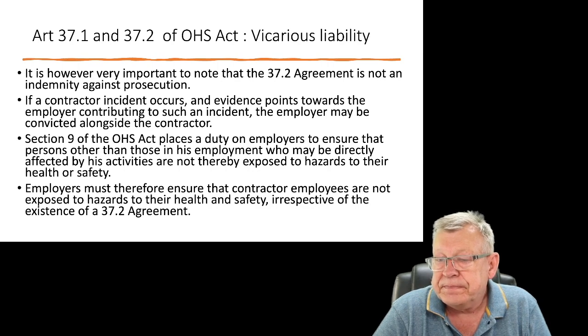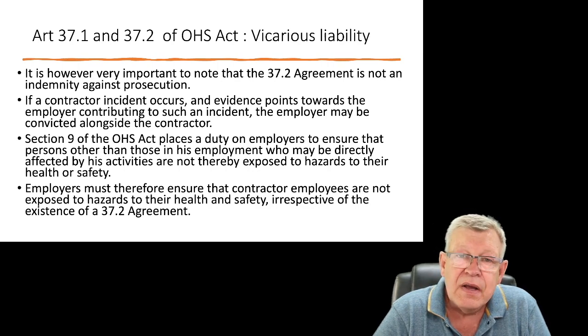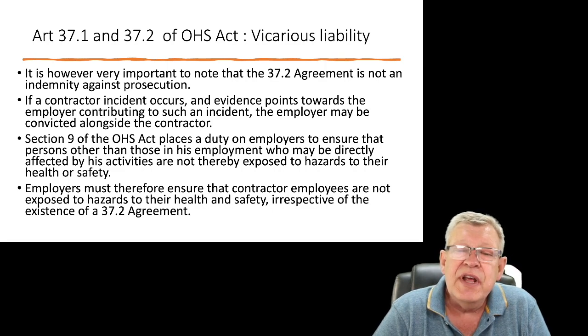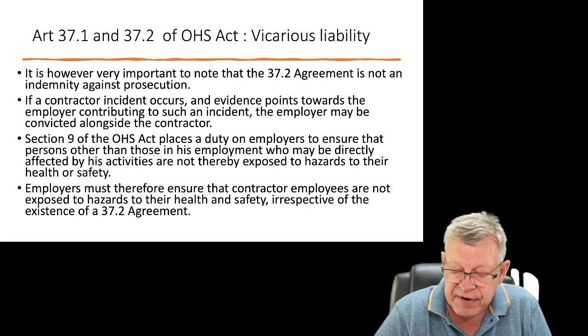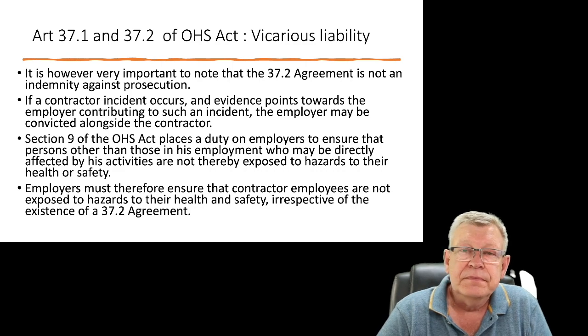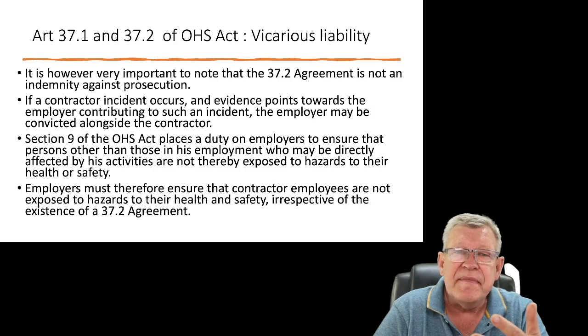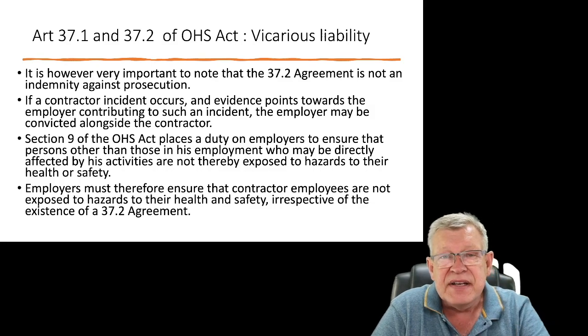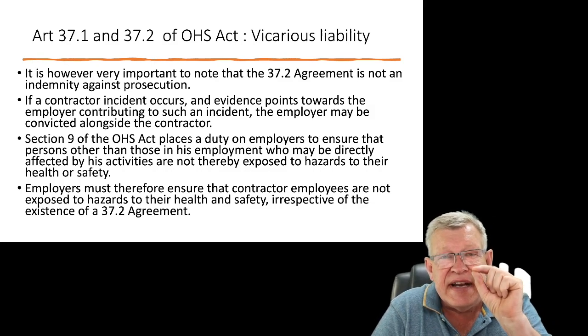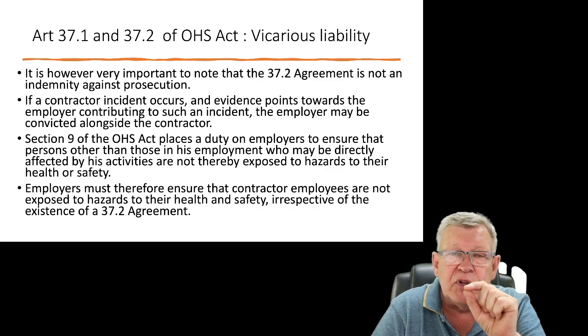So you need a proper health and safety management system. You need more than just a SHE file. Every company, every organization needs a health and safety management system based on the risks and the legal requirements that are applicable to them.